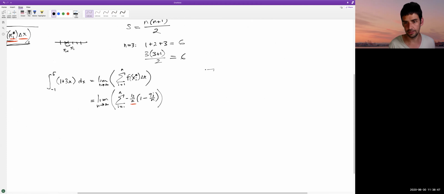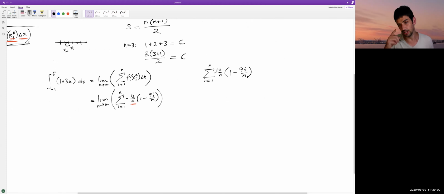Let's just work on this part, ignoring the limit for now, and manipulate this expression until it's something we can take a limit of, right? We don't know how to take a limit of this as written, because while on the one hand, as n gets bigger, negative 12 over n gets smaller, 9i over n gets smaller, those two things go to 0. But at the same time, we're adding up more and more things.